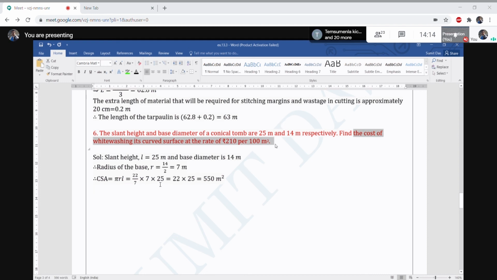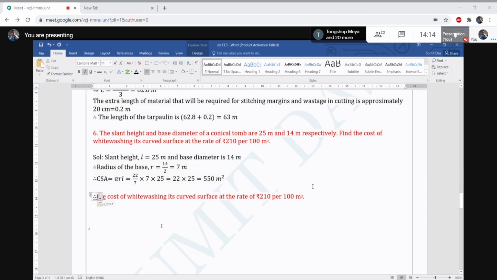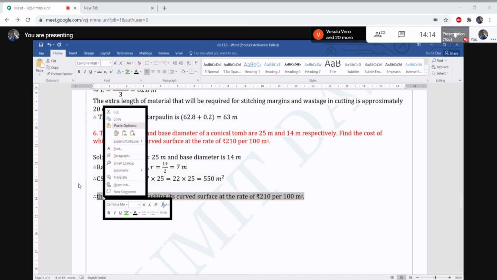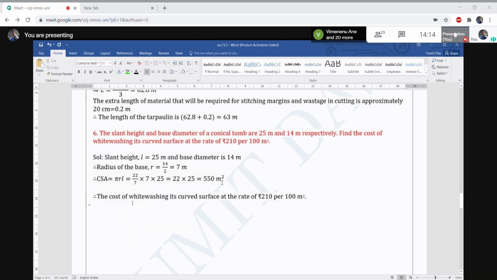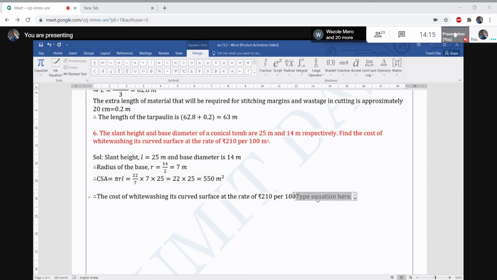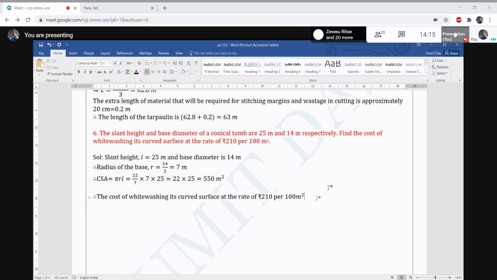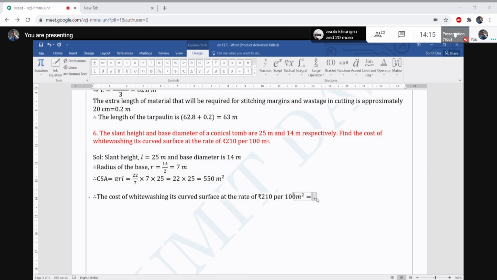So write down here: therefore the cost of whitewashing the curved surface area is equal to 550 divided by 100 into 210, because 100 meter square costs 210 rupees.